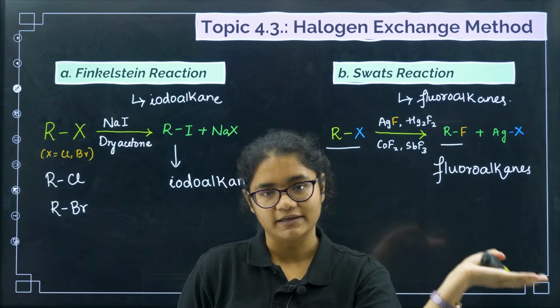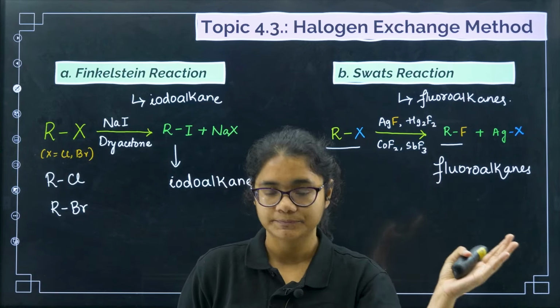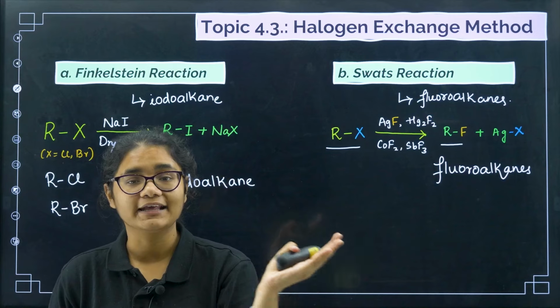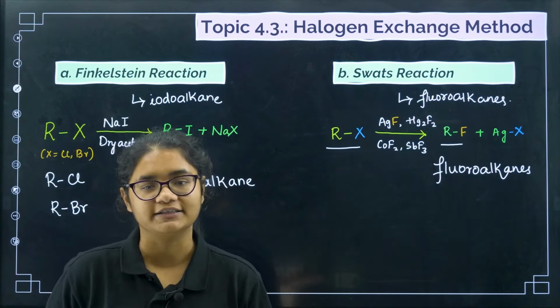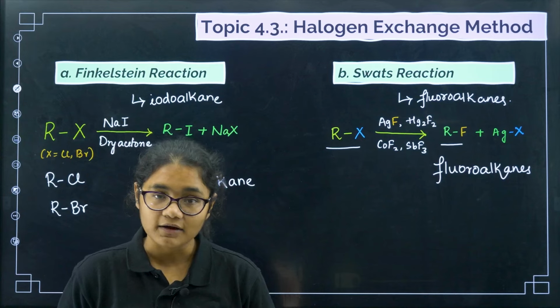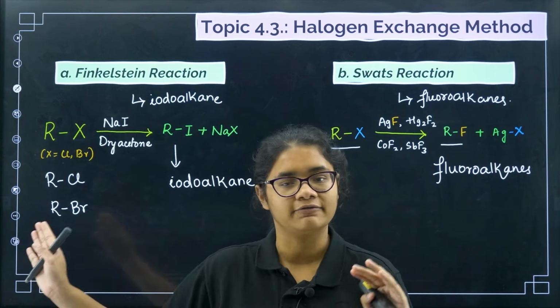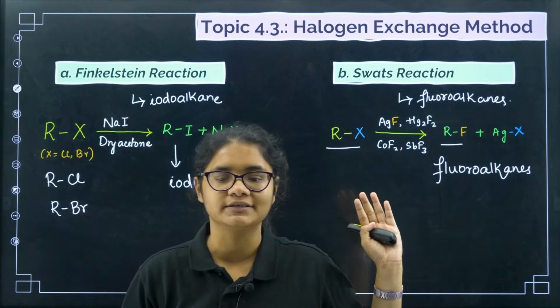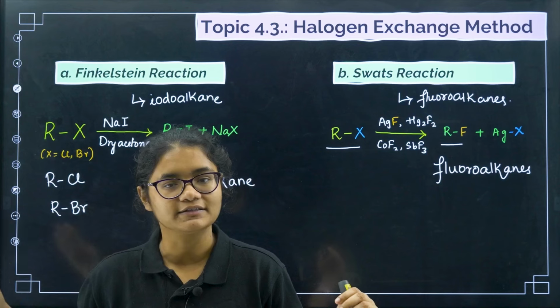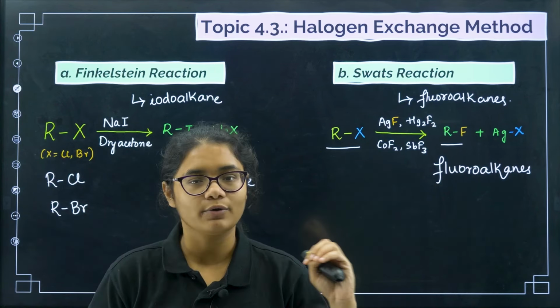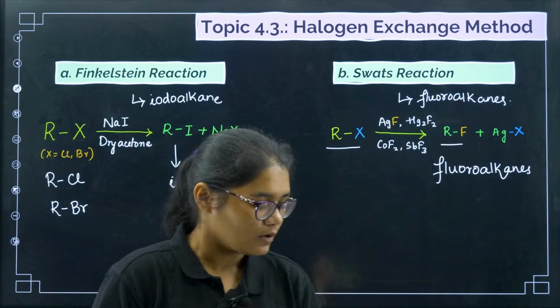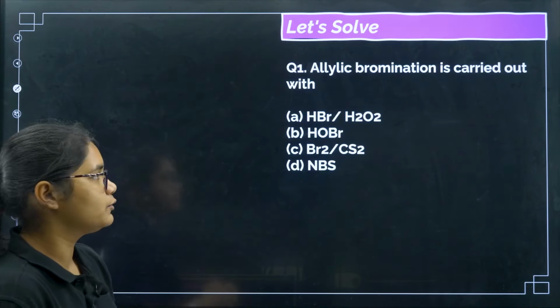From hydrocarbons we have 2 methods, that is alkanes and alkenes. In alkanes that is free radical mechanism; in alkenes, addition of HX and addition of X2. Then the third method, halogen exchange method, here we have 2 reactions, one is Finkelstein reaction, another is Swarts reaction. In Finkelstein reaction iodoalkanes are formed, in Swarts reaction fluoroalkanes are formed. Clear? Okay, now going to doing some questions.